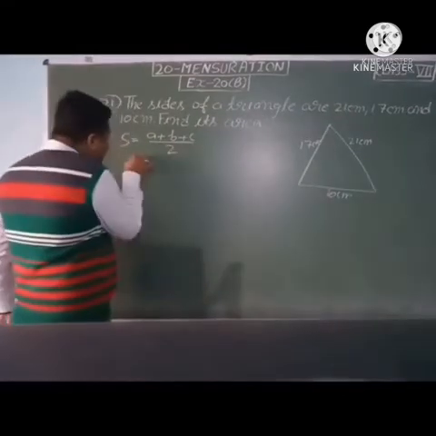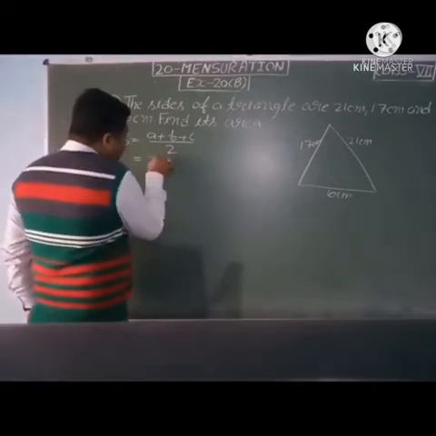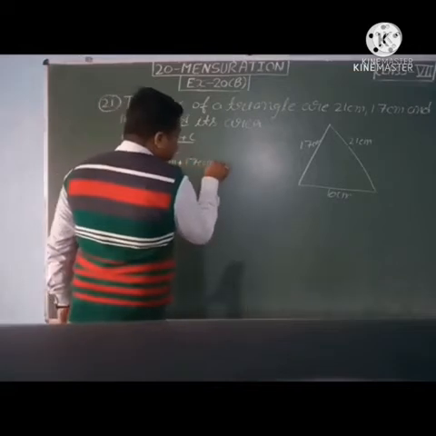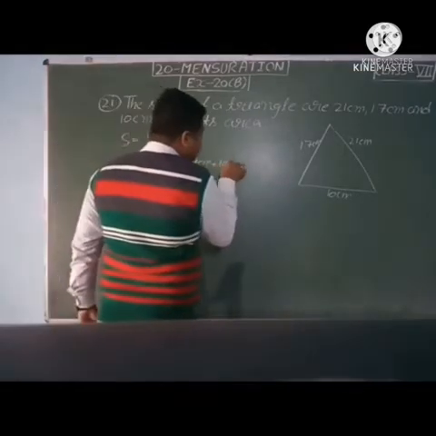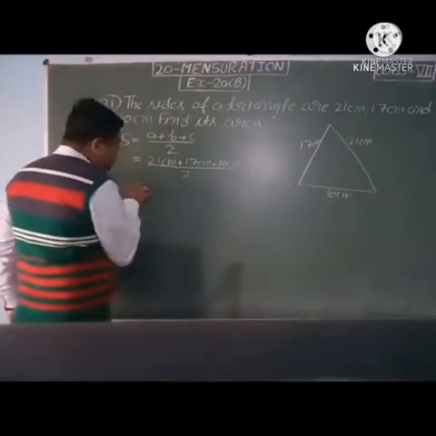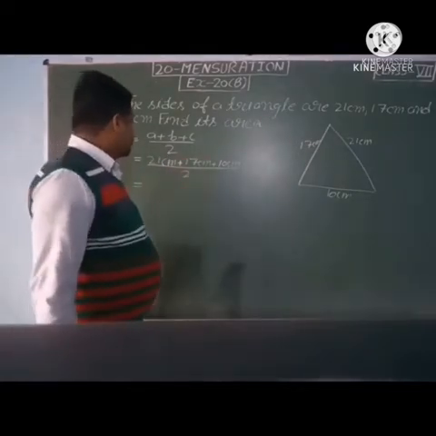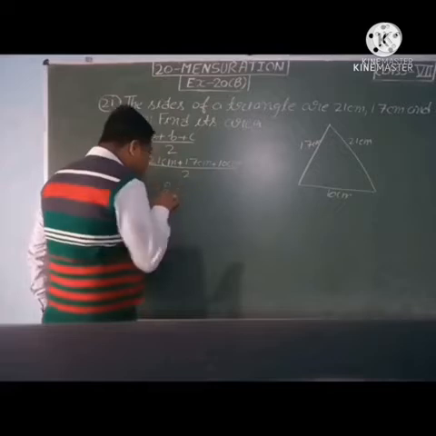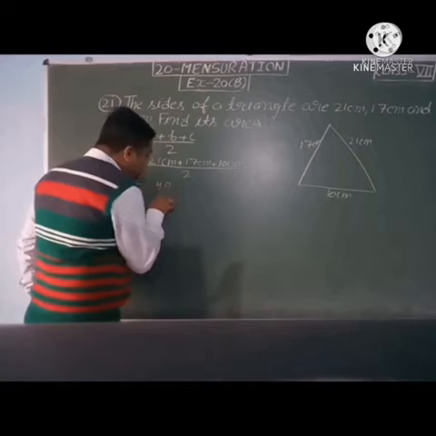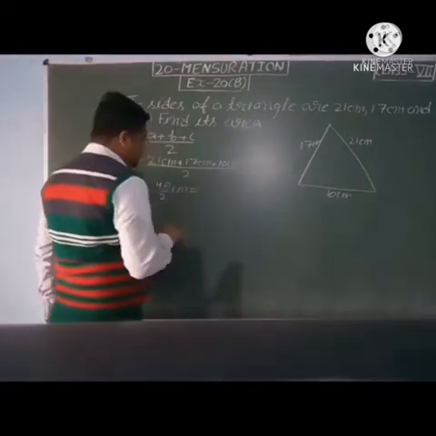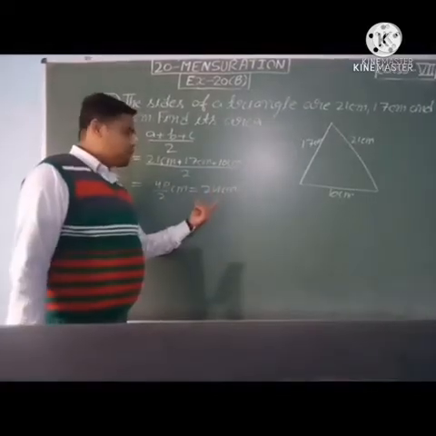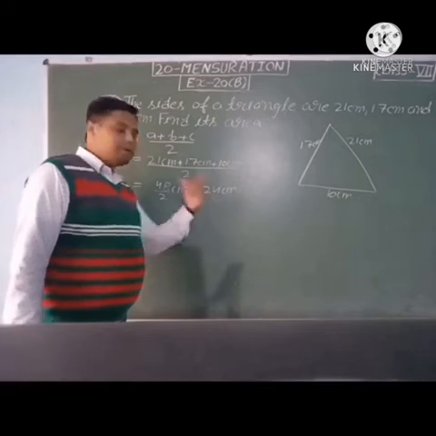So in this we will put the value a 21 centimeter plus b 17 centimeter plus c 10 centimeter upon 2. So 21, 17 and 10: 7, 1, 8, then 2, 1, 3 and 4, so 48 upon 2 centimeter. It will come 24 centimeter. So students, semi-perimeter is coming 24 centimeter.